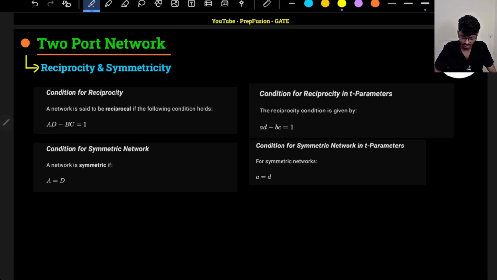Now what are the conditions for reciprocity? The condition for reciprocity for ABCD parameters is AD minus BC equals 1. That is, the determinant of the transmission matrix has to be 1. Something similar was there in the H parameter, but in H parameter this was the condition for symmetricity.